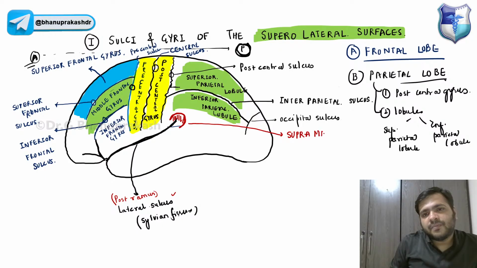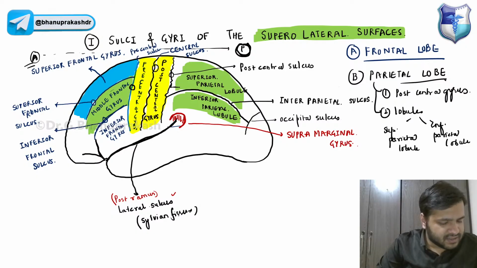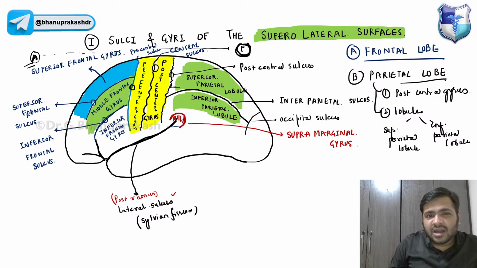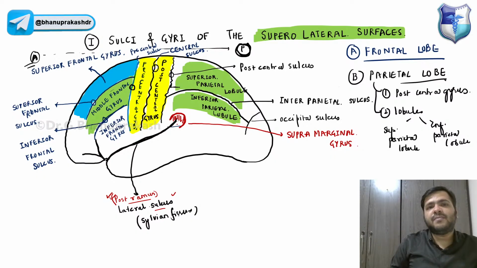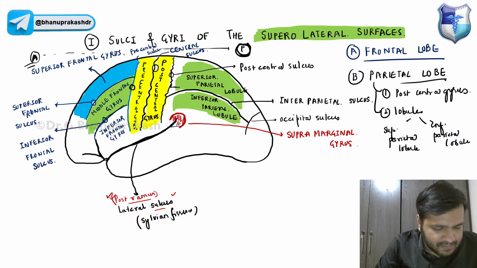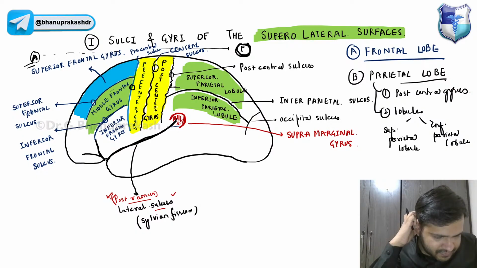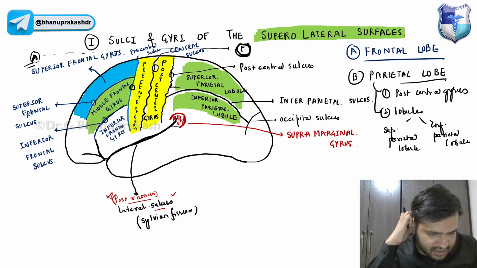It is an arched gyrus surrounding the upper end of the posterior ramus of the lateral sulcus. It is the most convex part of the lateral surface.